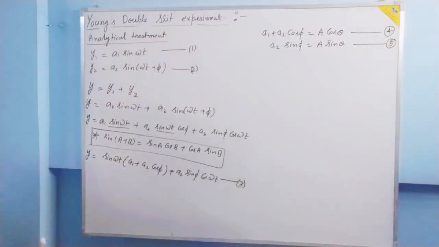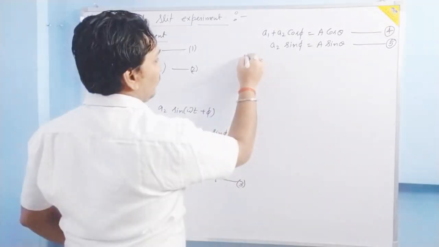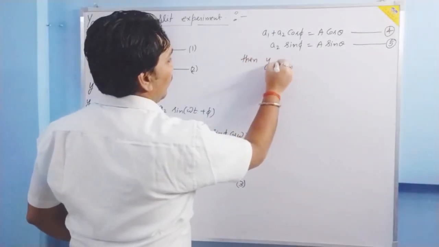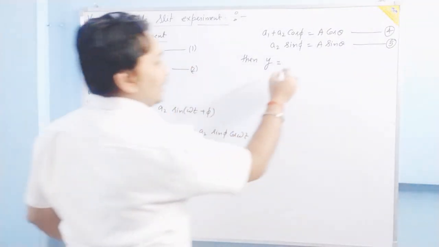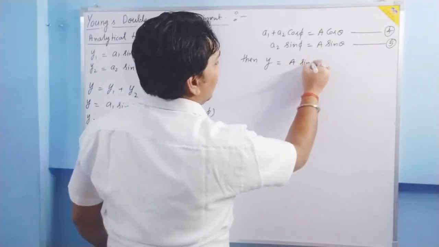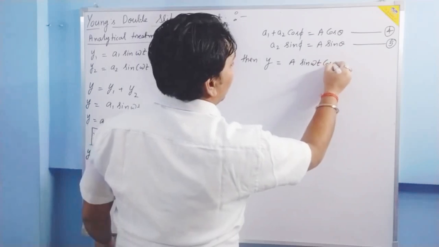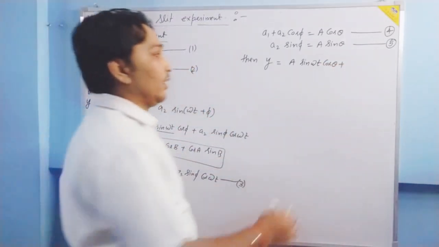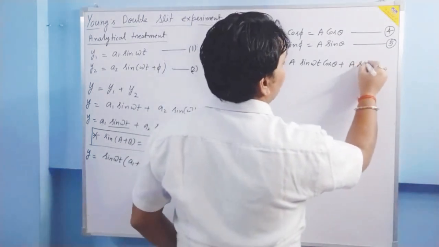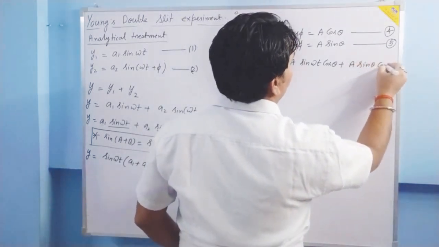And if we put this, what we are going to have, then y is equal to sin omega t. In the place of this, we can write A cos theta. It will be A sin omega t cos theta plus A2 sin phi. We can put A sin theta. It is A sin theta cos omega t.